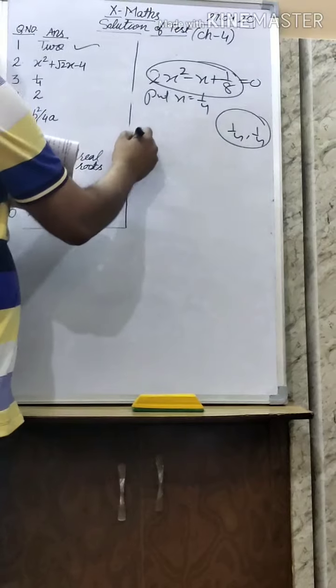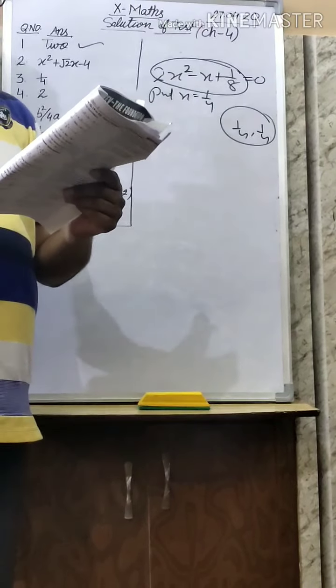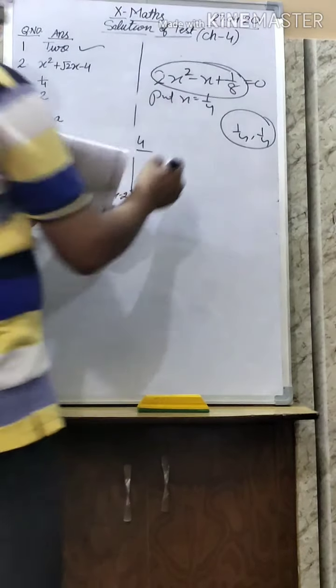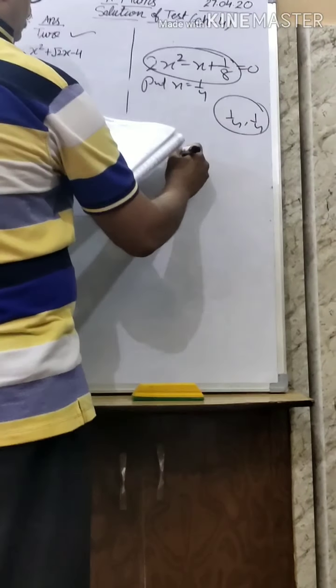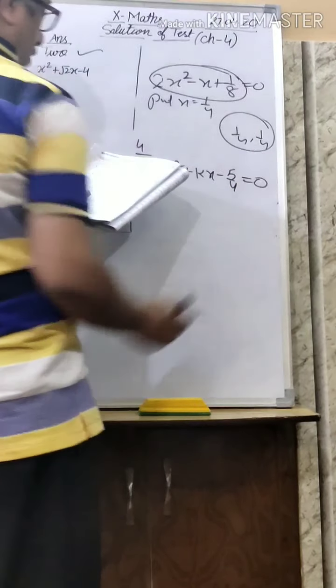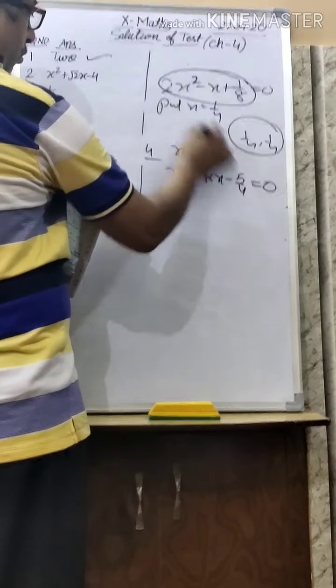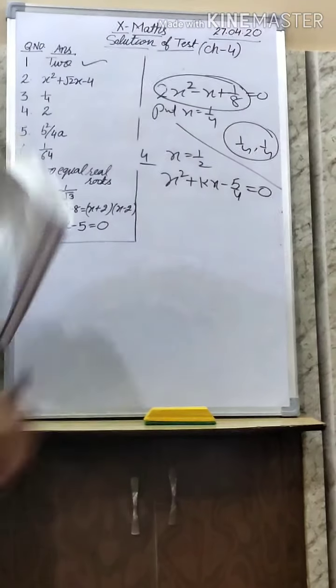Same for the fourth question also. The fourth question was, if 1 by 2 is a root of the equation x square plus kx minus 5 by 4 is equal to 0, find the value of k. x = 1 by 2 is the root of this equation.